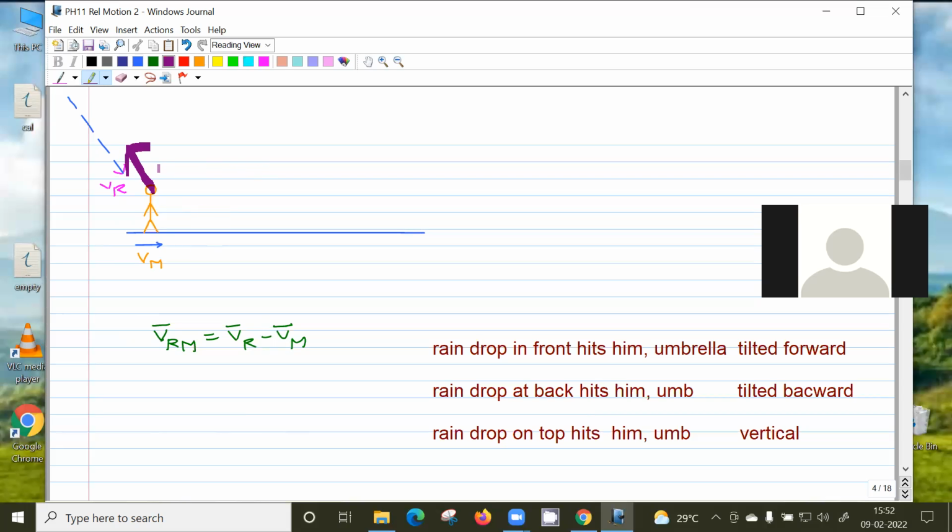For that to happen, say the initial time is here, the water droplet which was here, as it moves to this new position, the drop should travel like this and hit him here. So it's as if the drop which was behind him has hit him. So the drop is traveling in this direction, so the umbrella should be in the opposite direction.